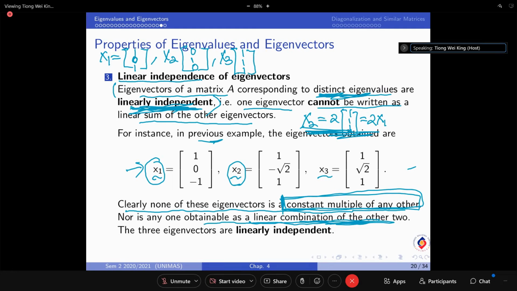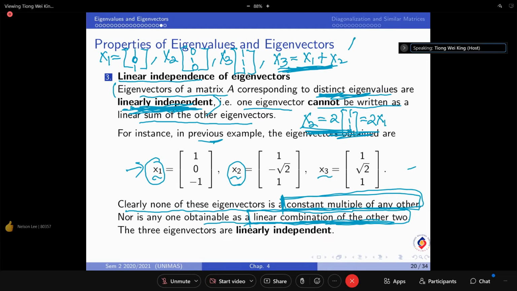Linear combination means that from these three eigenvectors, x3 is actually x1 plus x2, correct? If you have this case, then this is called a linear combination. Then this is not linearly independent.